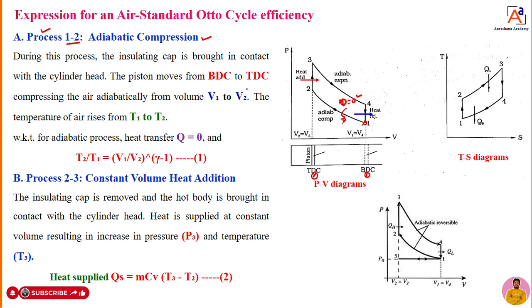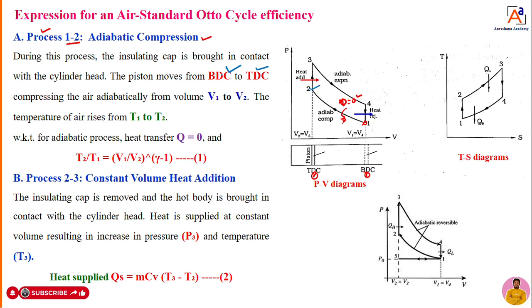In this process, what is actually happening? The piston is moving from BDC to TDC, hence compression will take place, but there is no heat transfer, hence Q equal to 0. When the piston moves from point 1 to point 2, the temperature as well as the pressure of the air fuel mixture gets increased.